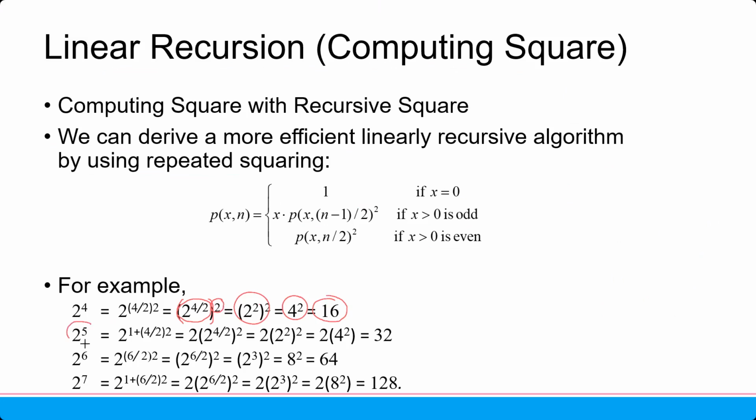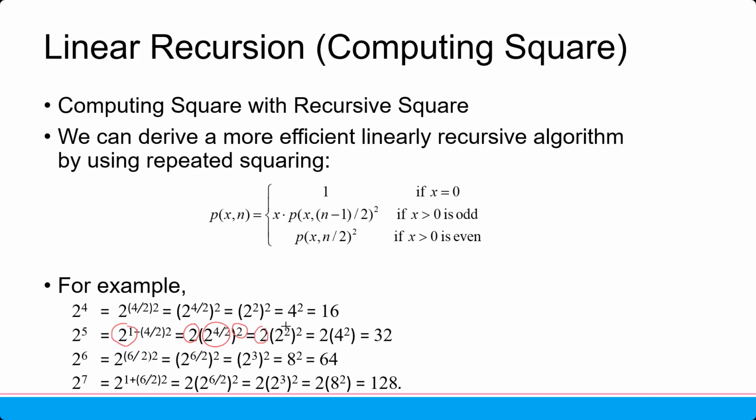If it is 2 to the power of 5, then it means 2 to the power of 1 plus 4 divided by 2, multiplied by 2. We know that 2 to the power of 1 is 2, and then 2 to the power of 4 divided by 2, and then we do the exponent with 2.